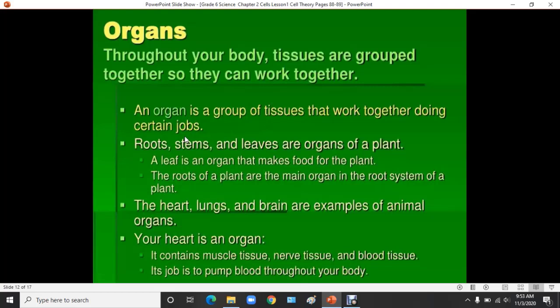Or we can say an organ is a group of two or more types of tissue that work together to carry out one specific function. Here, the roots, stems, and leaves are the organs of a plant. A leaf is an organ that makes food for the plant. The roots are the main organ in the root system of a plant.